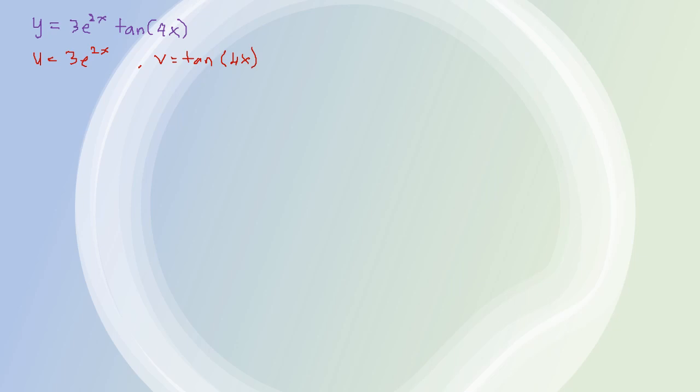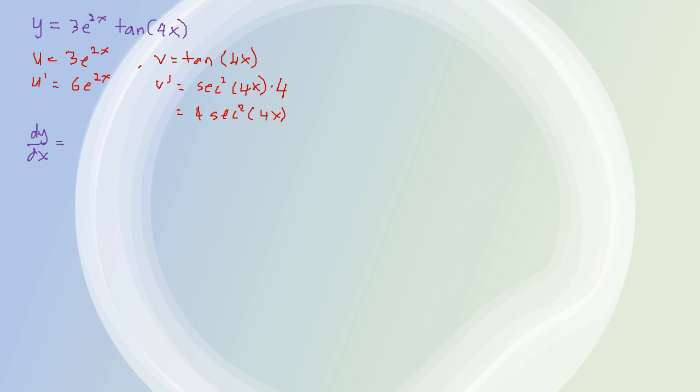Then differentiate function, u prime is equal to, differentiate 3e to the 2x, we get 3 multiplied by 2 is 6e to the 2x. And then find v prime equal to, differentiate tangent, we get secant squared 4x. And then multiply by differentiate function 4x, we get 4. So v prime equal to 4 secant squared 4x.